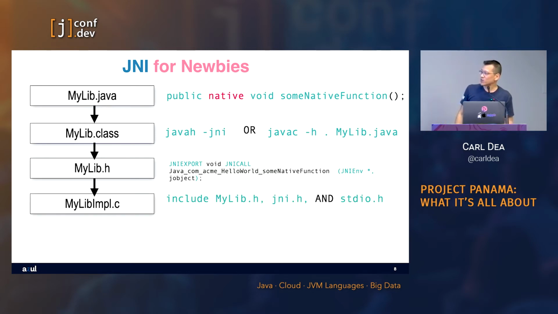So afterwards, once you've generated the header file, now you can start implementing the implementation code, which is actually C. So it's a C file. In the C world, you either have header files or you have C files.